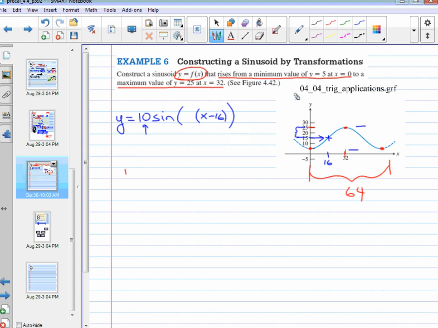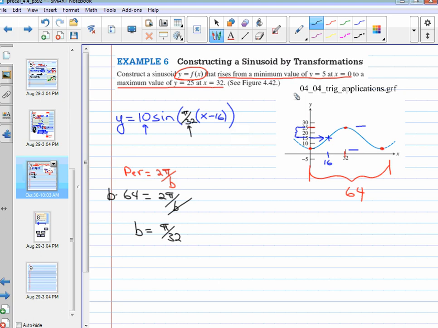Now, you remember my period formula? Period equals 2 pi over absolute B. I'm just going to make the B positive. So I'm just going to fill in. My period is 64. That equals 2 pi divided by B. I can solve for B so I know what goes there. Multiply by B. Divide by 64. 2 over 64, I get pi over 32.